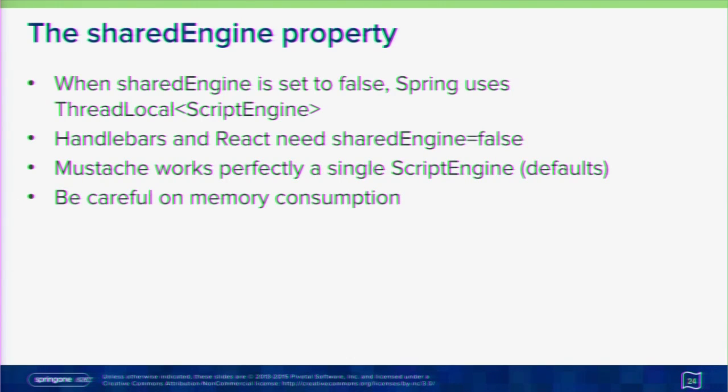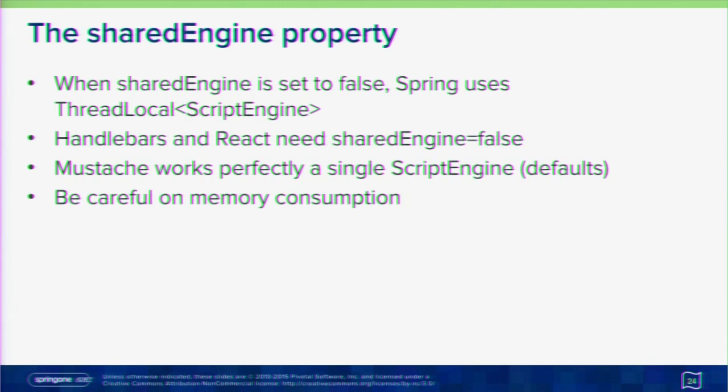But for other script engines like Handlebars or React, which are more complex template engines, you need to set sharedEngine to false. And when you set it to false, we will use one script engine per thread. So basically, we are using a thread local of script engine, and that allows to avoid any concurrency issue.